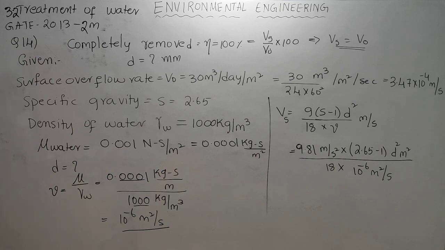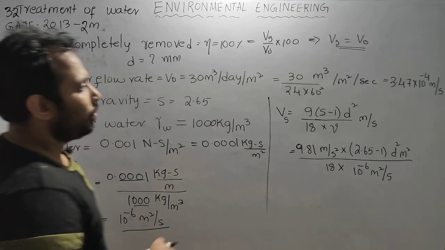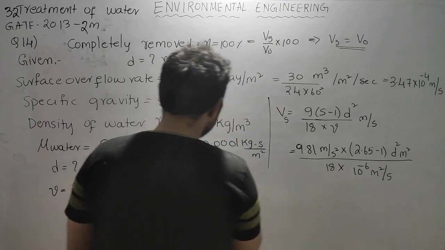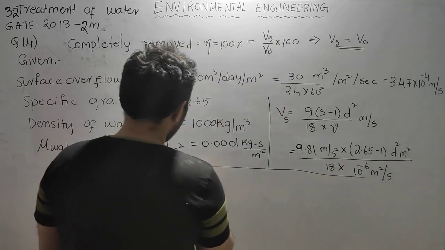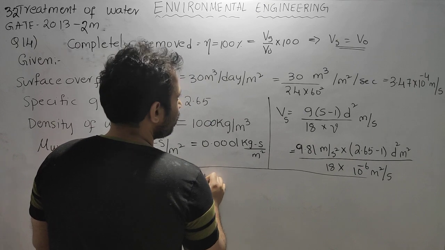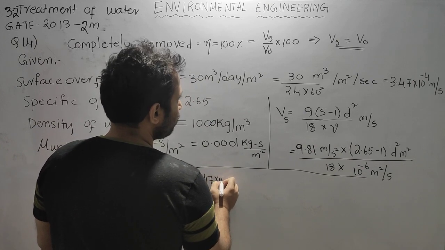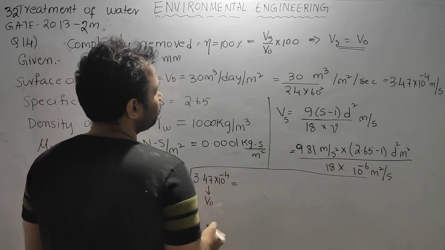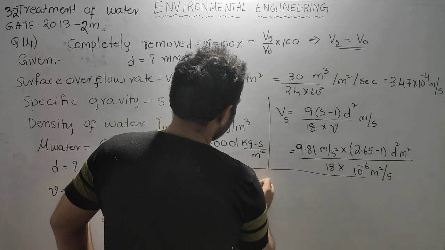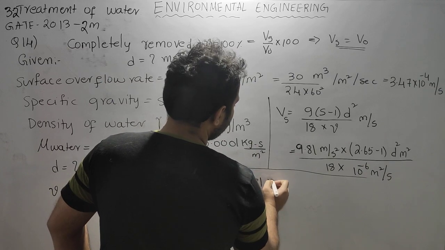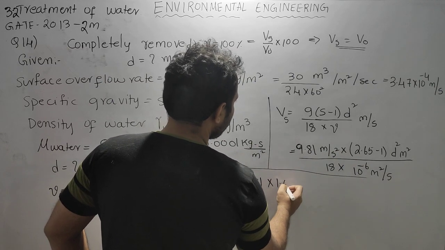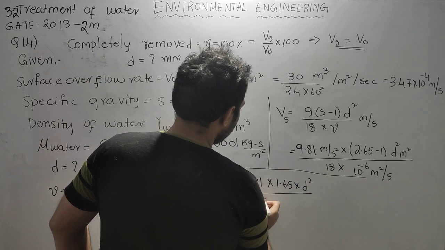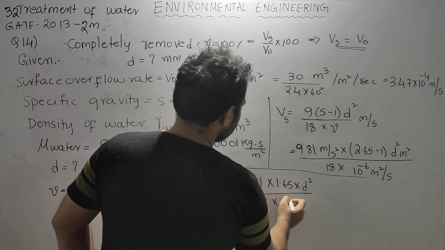We will get the value of D by equating these two. 3.47 into 10 to the power of minus 4, that is V naught, is equal to 9.81 into 1.65 D square by 18 into 10 to the power of minus 6.